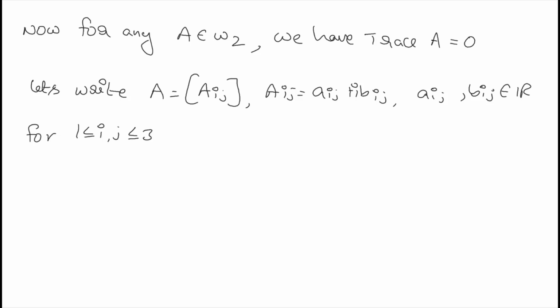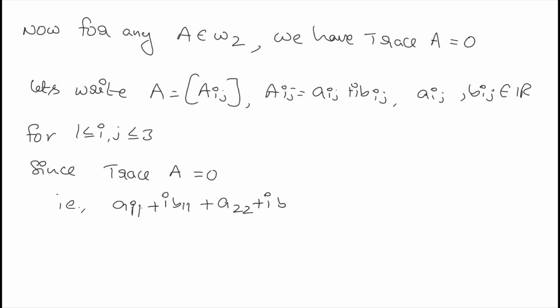Since trace of A equal to 0, and we know that trace of A is nothing but the sum of the entries in the diagonal of A, that is A11 plus IB11 plus A22 plus IB22 plus A33 plus IB33 equal to 0.